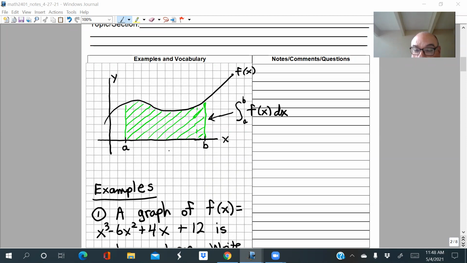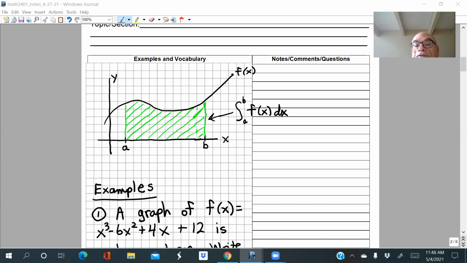Of course, the curve could be below the x-axis, in which case we might define the region between the curve up to the x-axis, all right? But as a first example, it's much easier to think about the curve above the x-axis, and we're interested in this geometric region beneath the curve down to the x-axis.